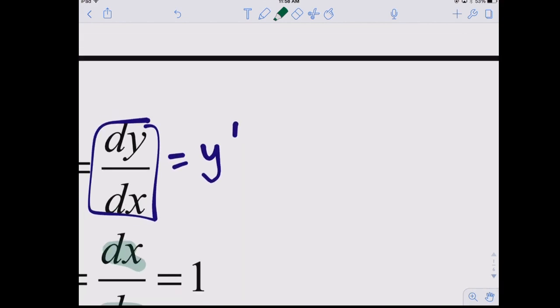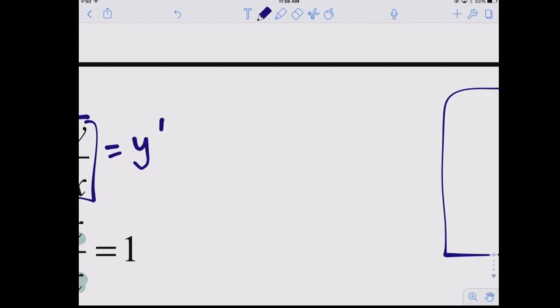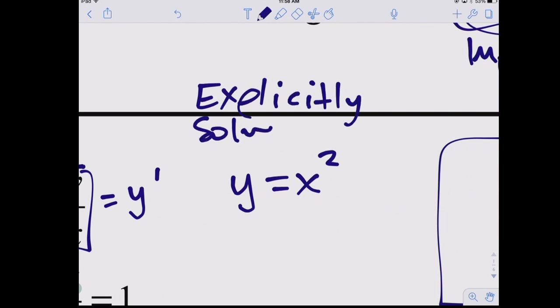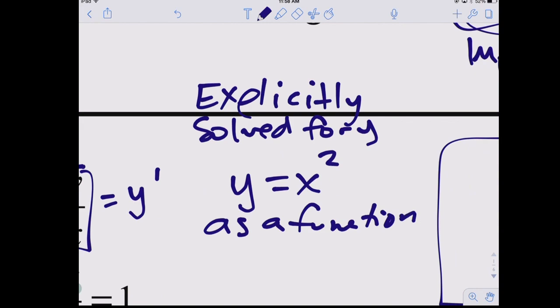Okay, so what's nice then is when we have an equation like y equals x squared. This is what we say is explicitly solved for y as a function of x. That's what we mean by explicit.